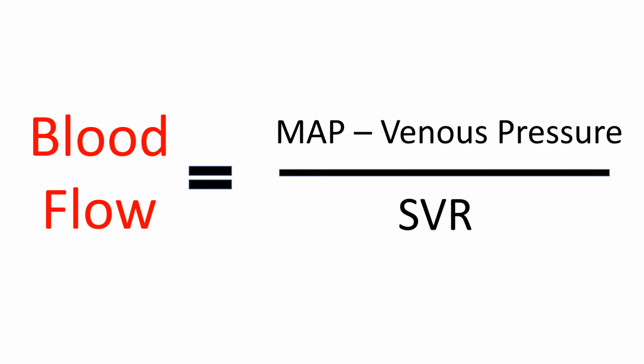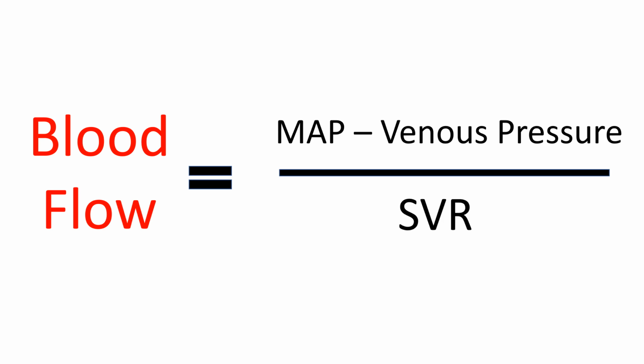In other words, what this equation is saying is that the pressure on the arterial side of the system, the mean arterial pressure, minus the pressure on the venous side of the circulation, is what creates the potential difference, the potential for flow.